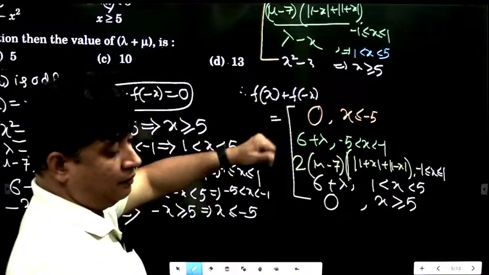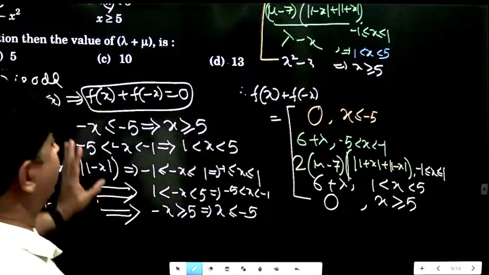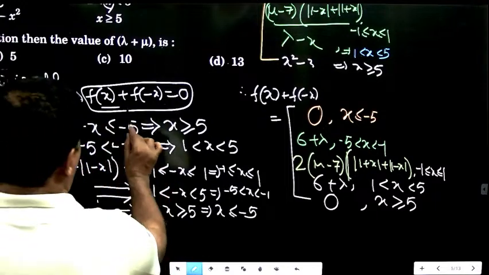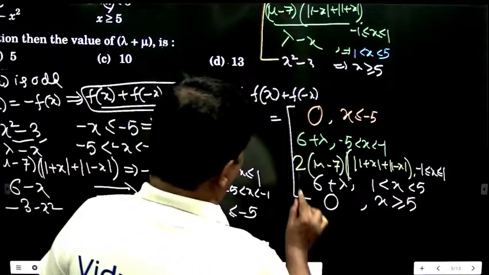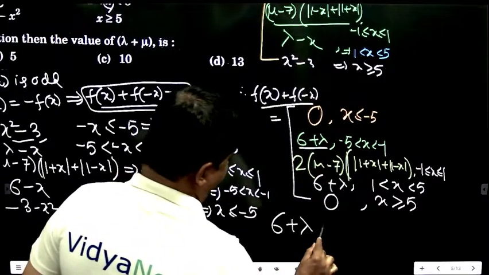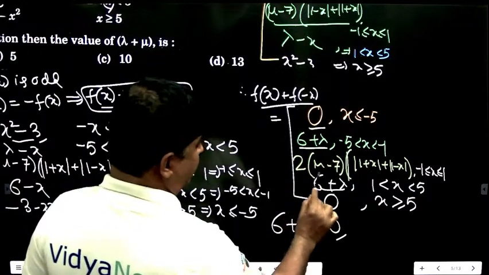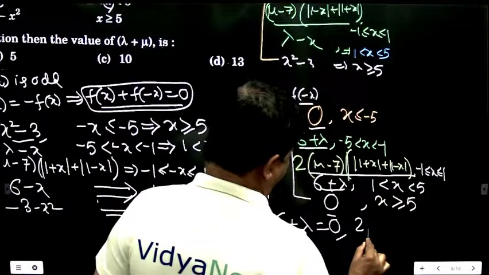So these are the values of fx plus f minus x. But fx plus f minus x is 0. So this result 6 plus lambda, that is also 0. This is also 0. These are already 0. This is also 0.